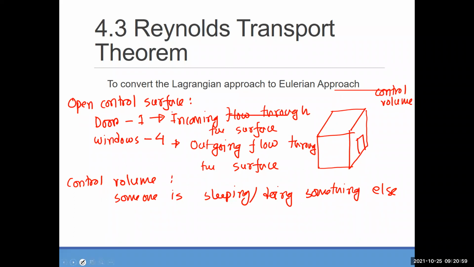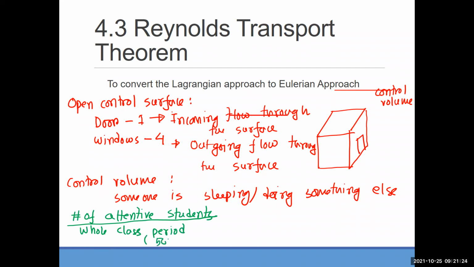Now, if I want to do the calculation of the number of attentive students for the whole class period, like the whole 50 minutes, obviously I need to consider the incoming flow and outgoing flow.